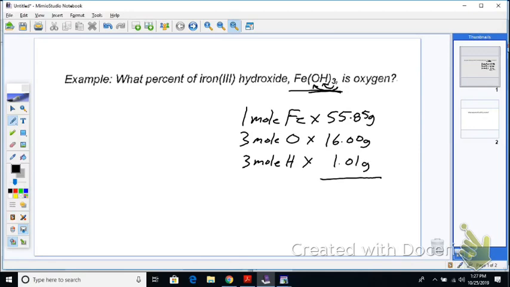Okay? So then when you multiply those out, you got to multiply them out so they can get their total weight that they contribute. You get each of their weights. And then you add them all up, and that's where they come up with 106.87 grams.